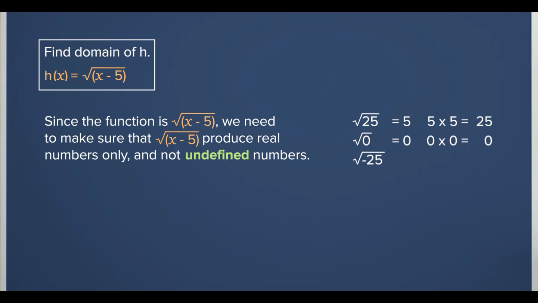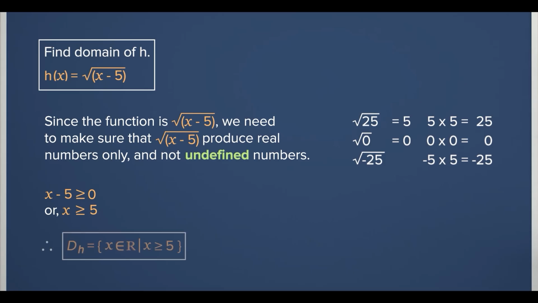But the square root of a negative number is impossible because negative numbers are only produced when a negative number is multiplied by a positive number. Hence, the expression inside the square root, x minus 5, must be greater than or equal to 0. Solving this inequality will give us the domain as x is greater than or equal to 5, which can be represented as the set of all real x values, such that x must be greater than or equal to 5.